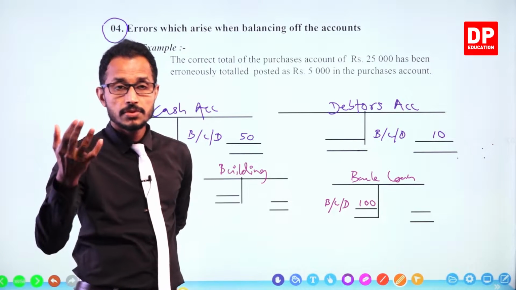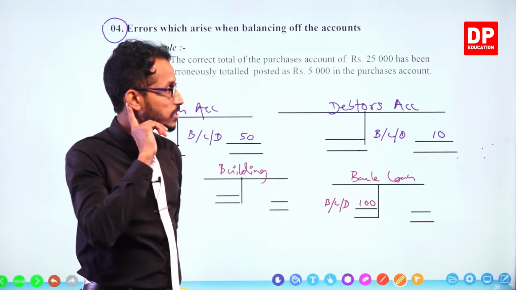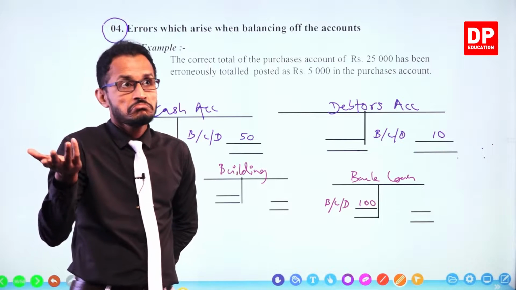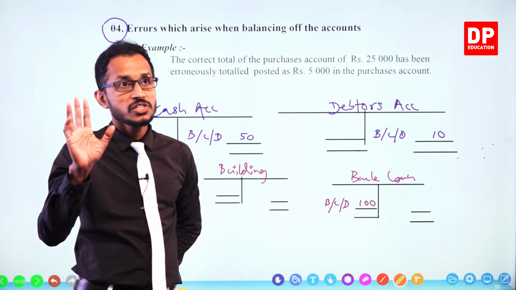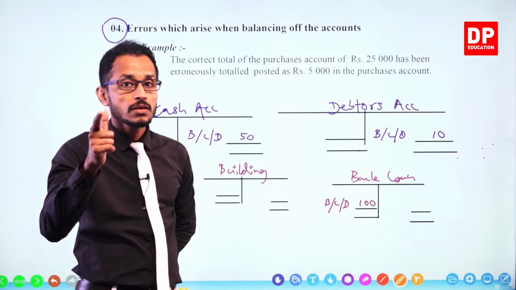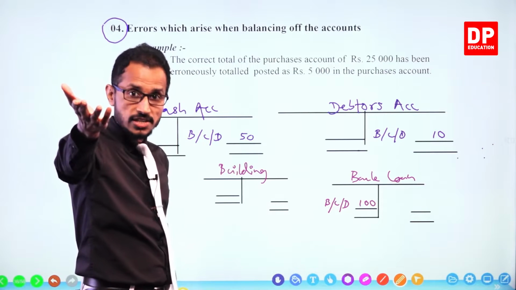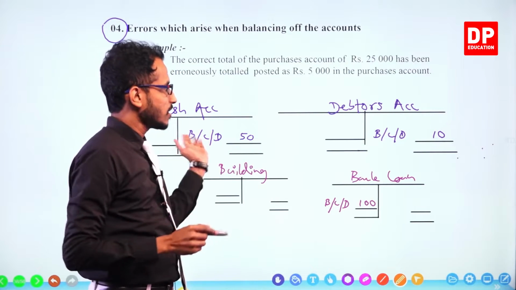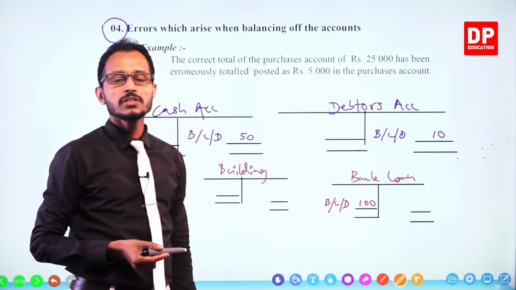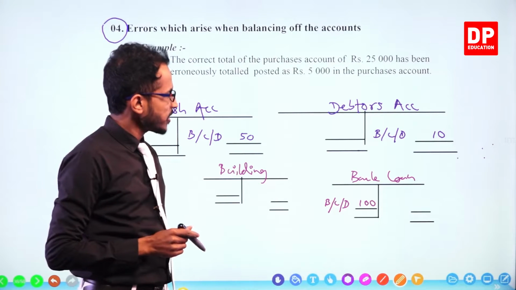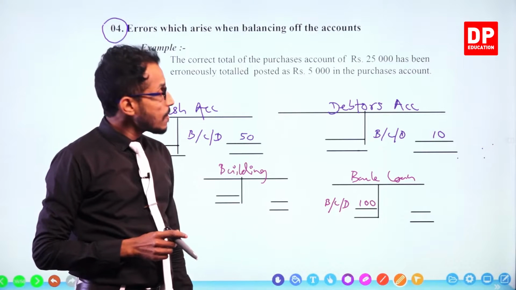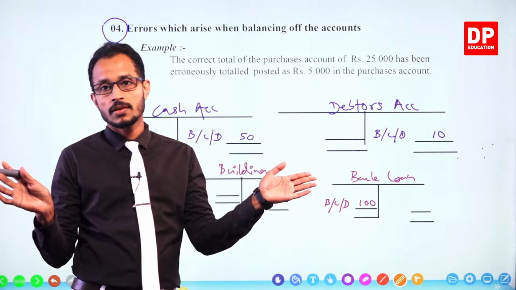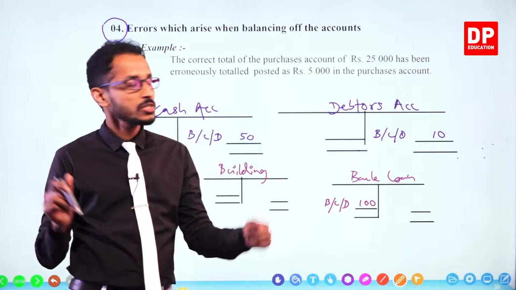Most of the students gave me the correct answer. You take the balance to the relevant column, debit or credit column of the trial balance.